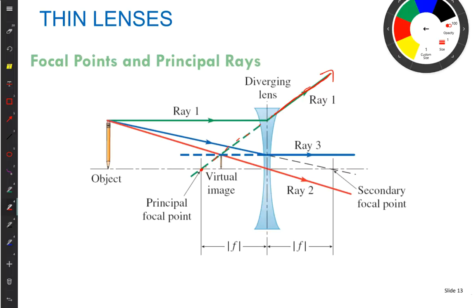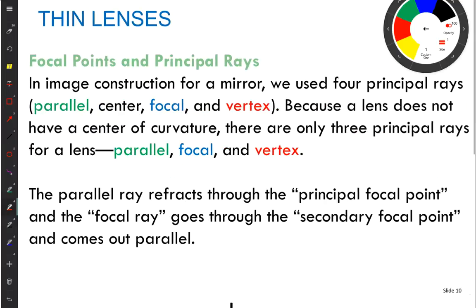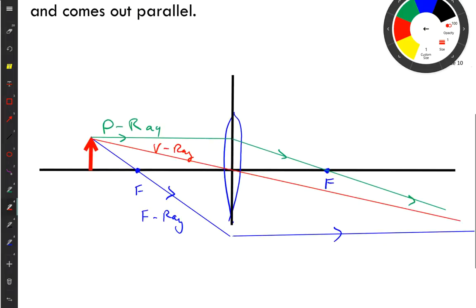Let's go to the blue ray. The blue ray is headed toward the focal point on the far side. To make this clear to me, by the way, you know what I always do? I didn't do it in my picture, and I should have. I always actually mark these as F and F prime. F is the focal point associated with the object side, F prime with the image side.